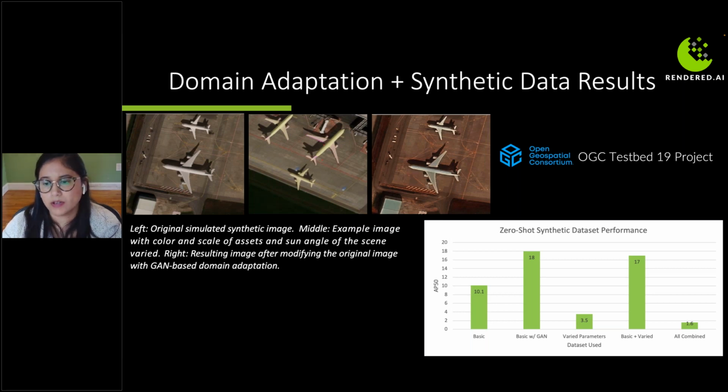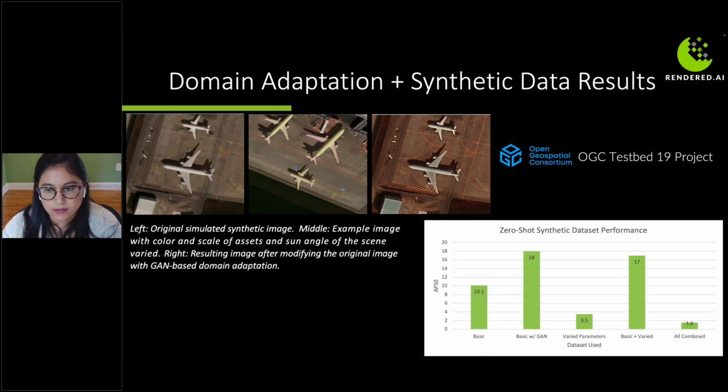I want to talk about the performance of using domain adaptation with synthetic data. You can see on the chart below that the basic with GAN was performing the best out of all of the other combinations in terms of model training. And this was zero-shot training.